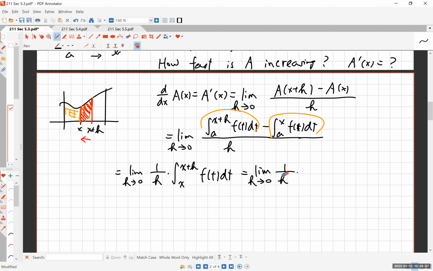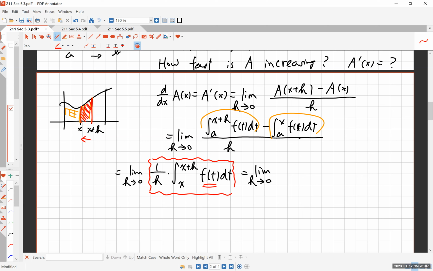Well, actually, let's look at this really carefully. You know what is happening here? Even if you don't look really carefully, you know what this is? That looks very much like the average value of f between x and x plus h, right?